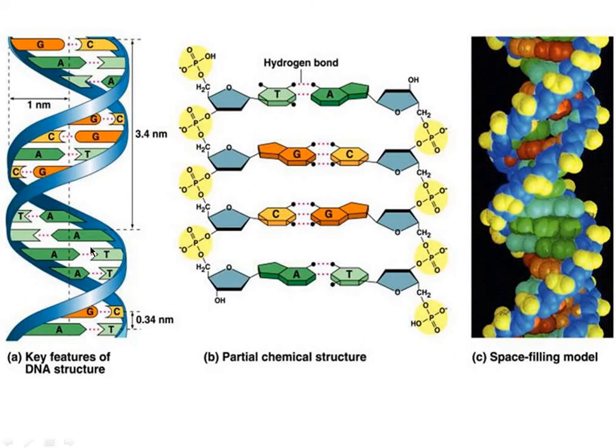Now the diameter of the helix is 20 angstrom. The diameter of this helix is 20 angstrom in nature. And adenine always pairs with thymine with two hydrogen bonds, and guanine and cytosine always pair with three hydrogen bonds.